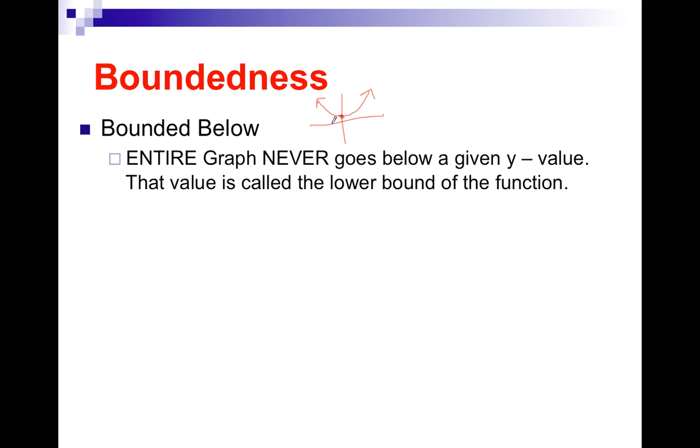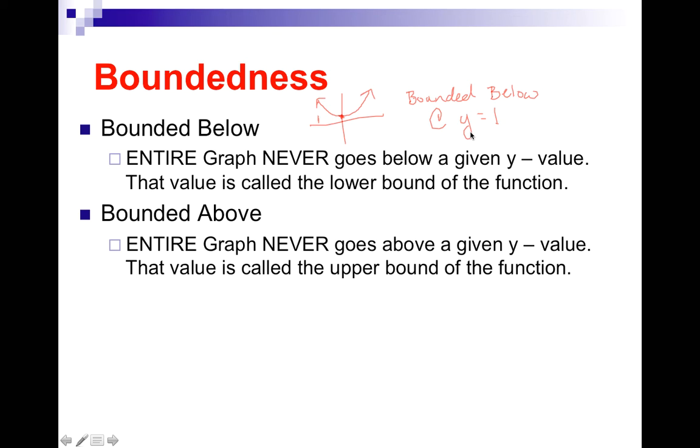Let's say that vertex there is at 1. This would be called bounded below at y equals 1 because it never goes below the value y equals 1. So we'd say it's bounded below at y equals 1.